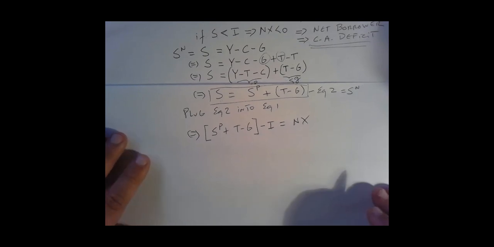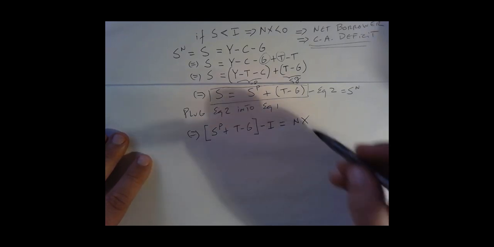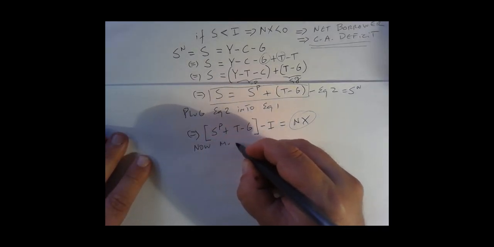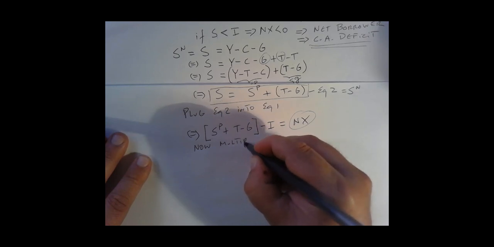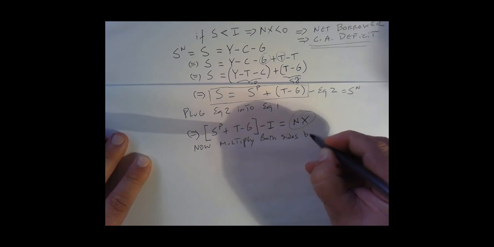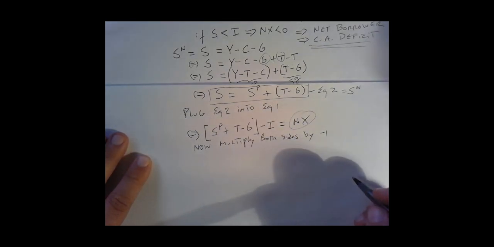Then Carabao on slide 25 wants to talk about a trade deficit, meaning that this is going to be a negative number. So now multiply both sides by -1. So what you're going to get?